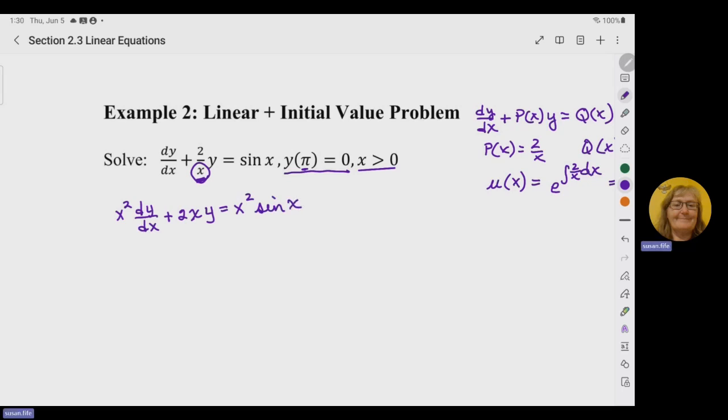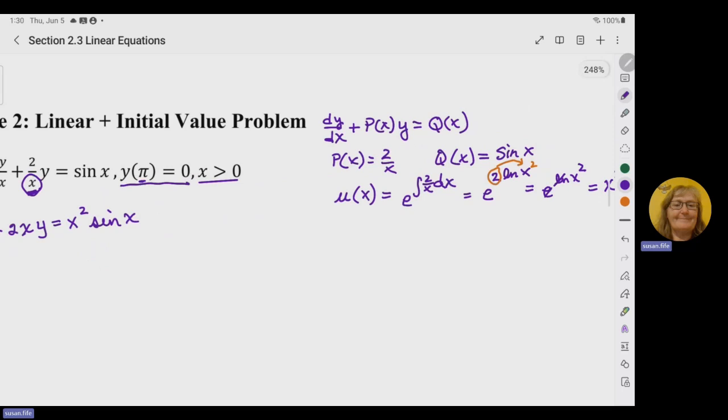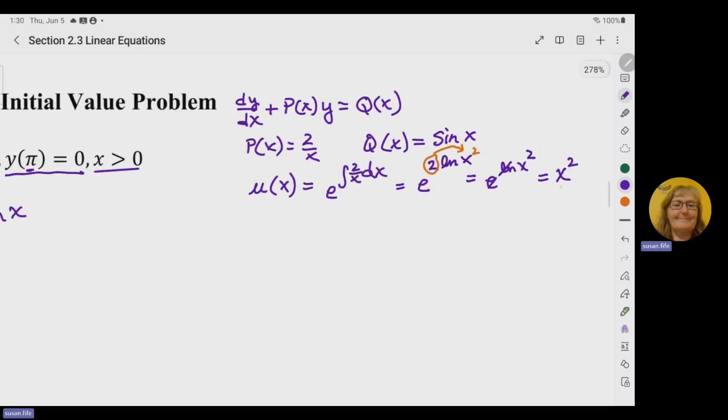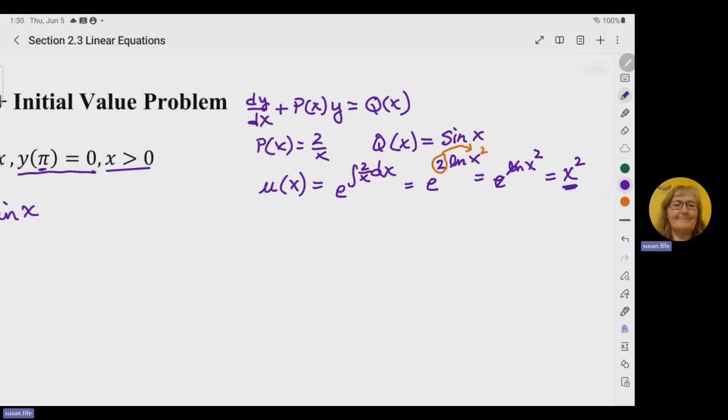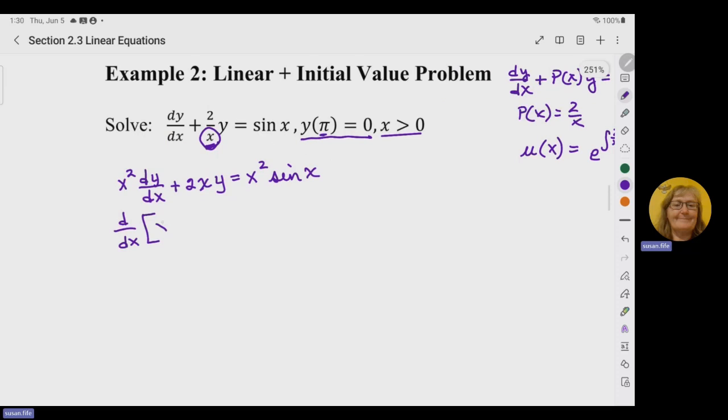So the left side of the equation I can simplify by writing as a single derivative. And remember, it's always mu of x times y. Mu of x is x squared. So we get x squared times y.